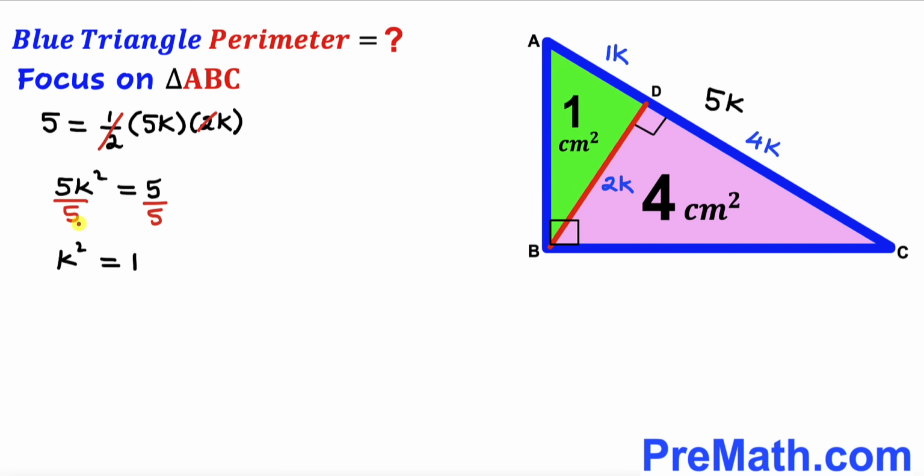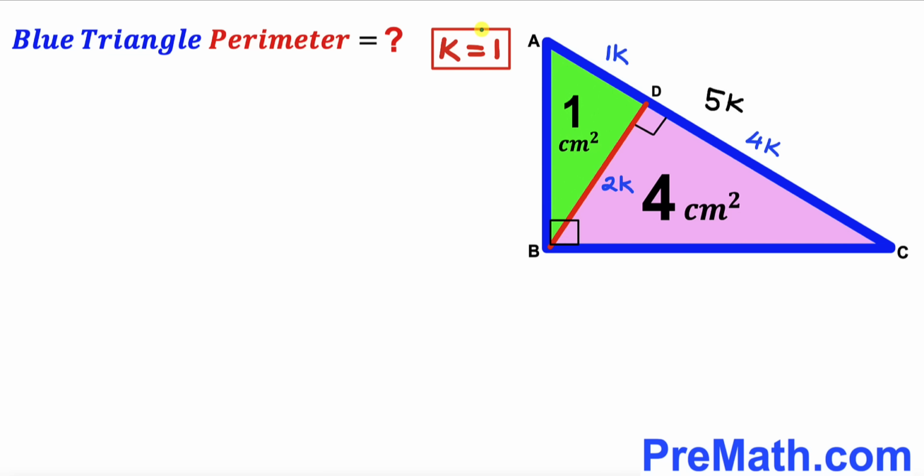And now I am going to undo this square by taking square root on both sides. So therefore our constant k value simply turns out to be positive 1. Since our k value turns out to be 1, 1 times k is simply 1, 5 times k is simply 5, and 4 times k is simply 4.